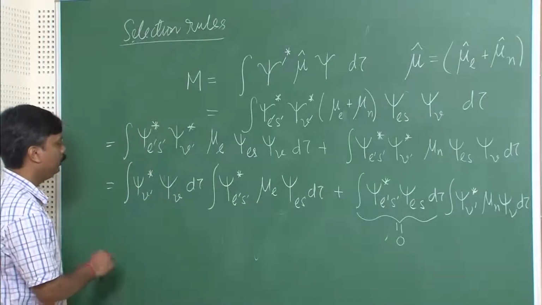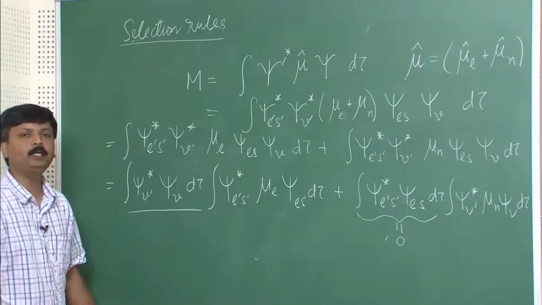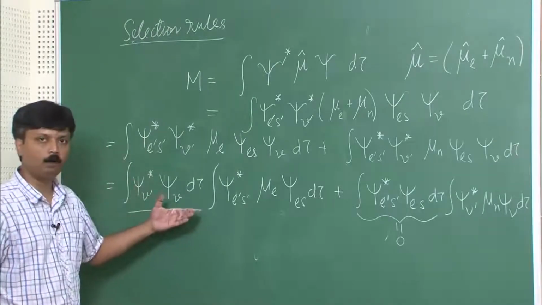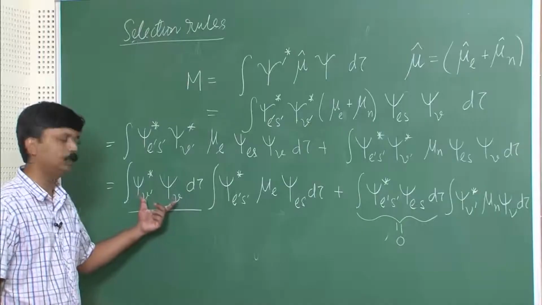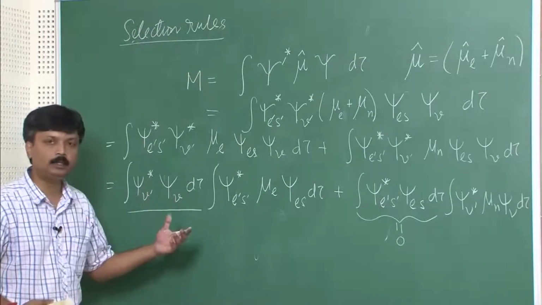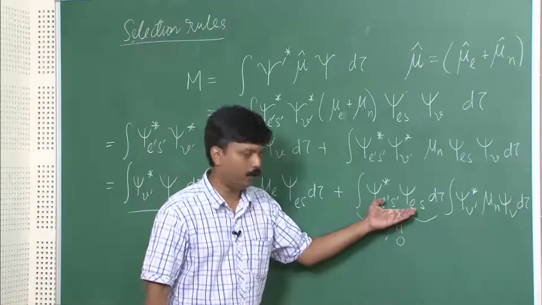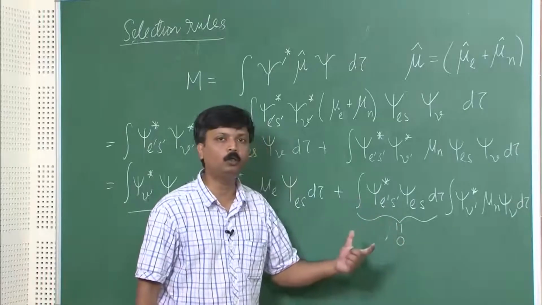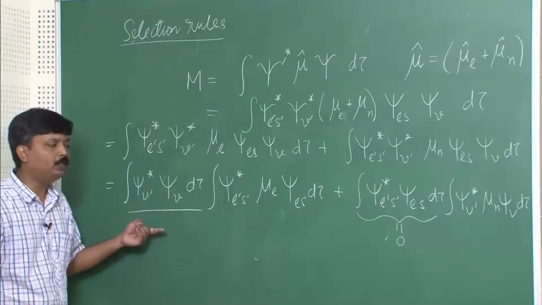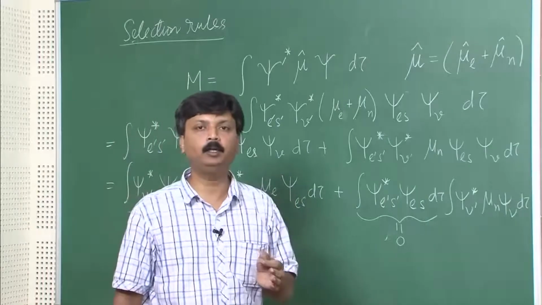So here you look at this particular quantity, which is an overlap integral of two wave functions, two vibrational wave functions, right? So now one can ask that, okay, I have this particular integral having a value 0 because of the orthogonality, then why not this case? This also should be 0. But actually it need not be 0.